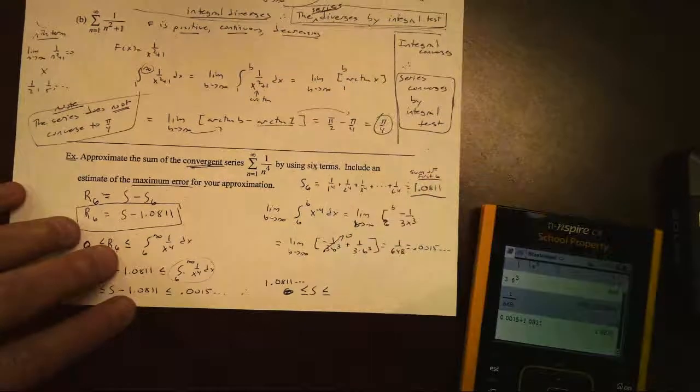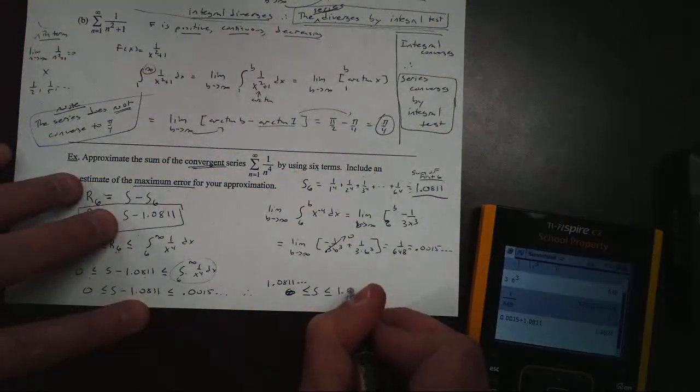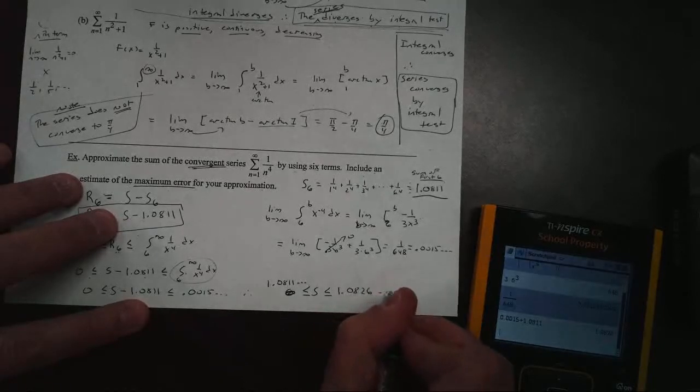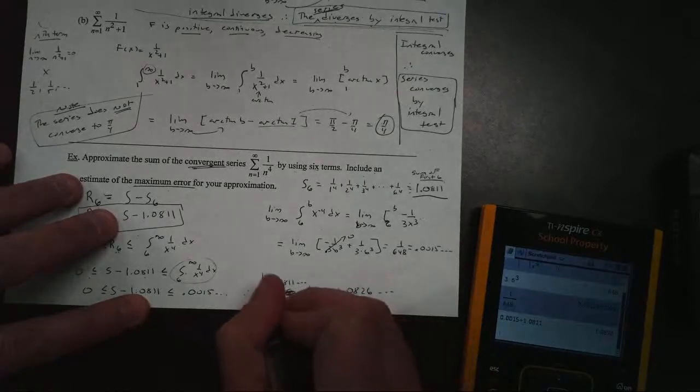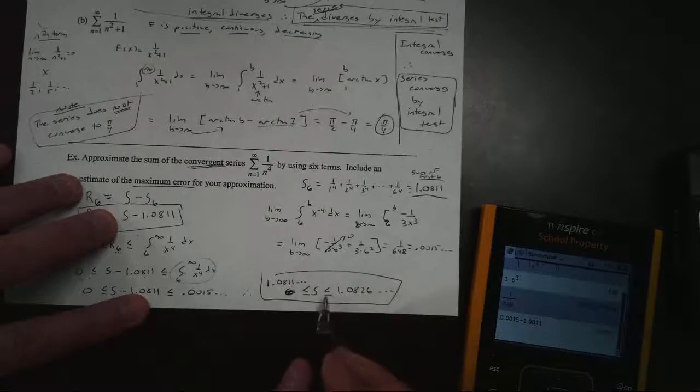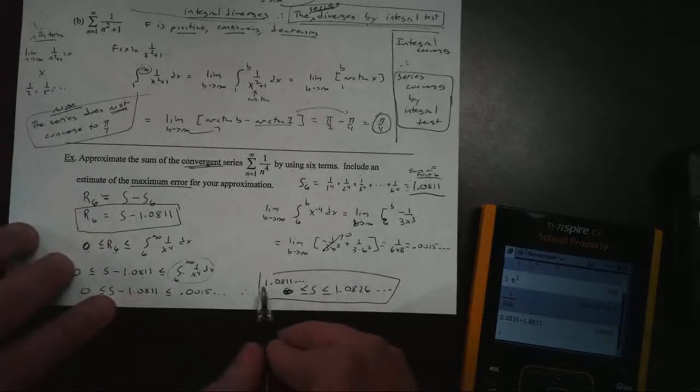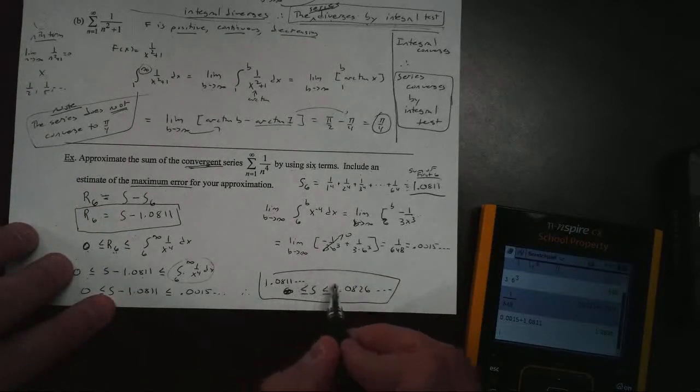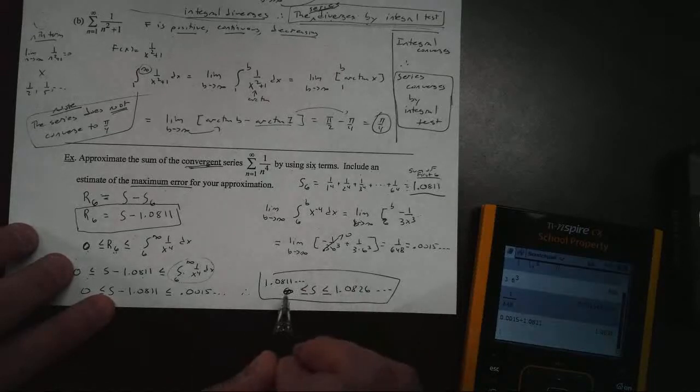Hit enter, and I get 1.0826 dot dot dot. So what we're saying is that the actual sum has to be between 1.0811 and 1.0826. And that's going to be pretty accurate.